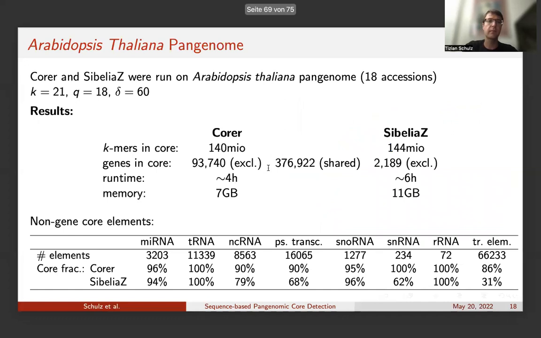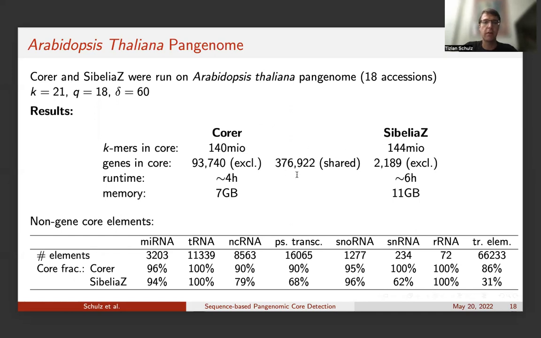We also did some experiments for eukaryotic data sets. And here, for example, we used a data set consisting of 18 accessions of Arabidopsis thaliana. And we used Cora and Sibelia Z to calculate cores for this data set. So if we compare both cores, we see that on the level of k-mers, they agree quite well to each other.